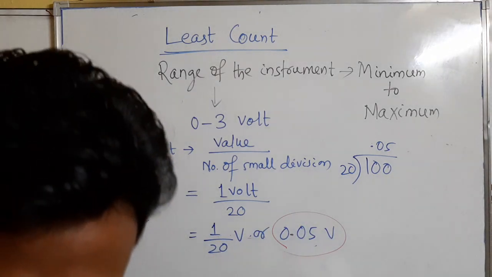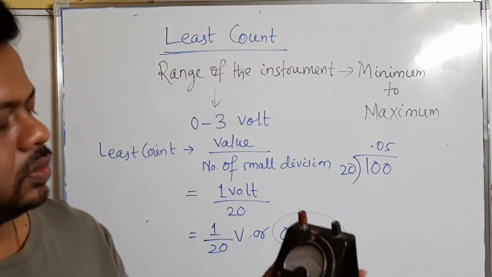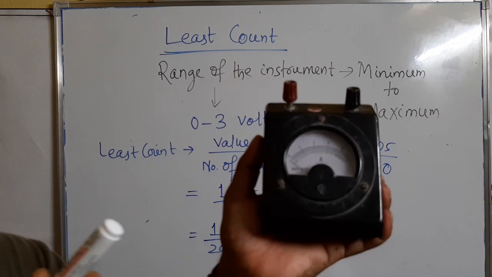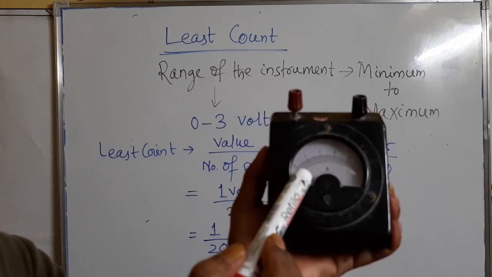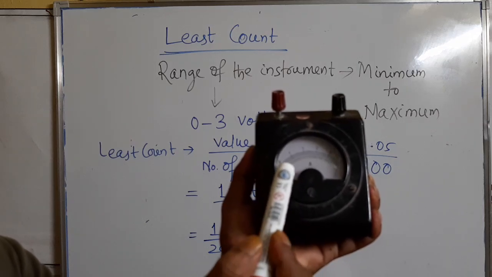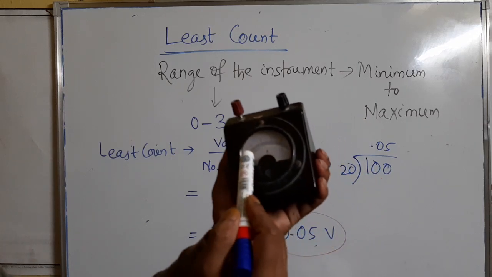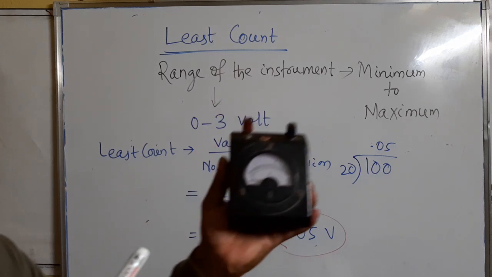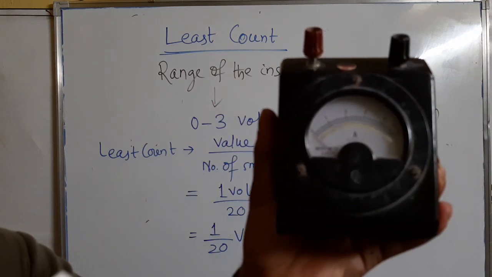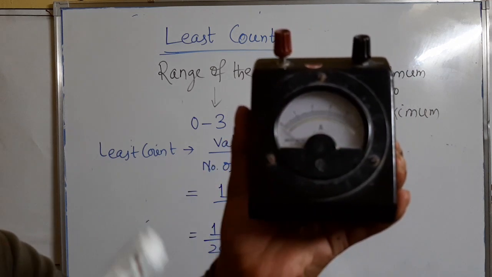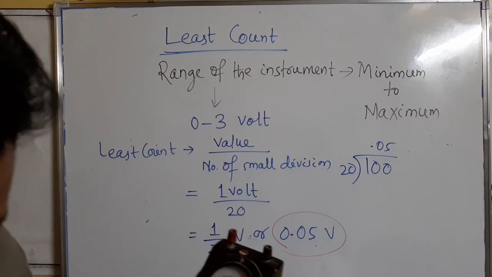Similarly, we'll find out the least count of the ammeter. First of all, we'll find out what the range is. You can see here the range is from 0 to 5, minimum to maximum, that is 0 to 5 ampere.